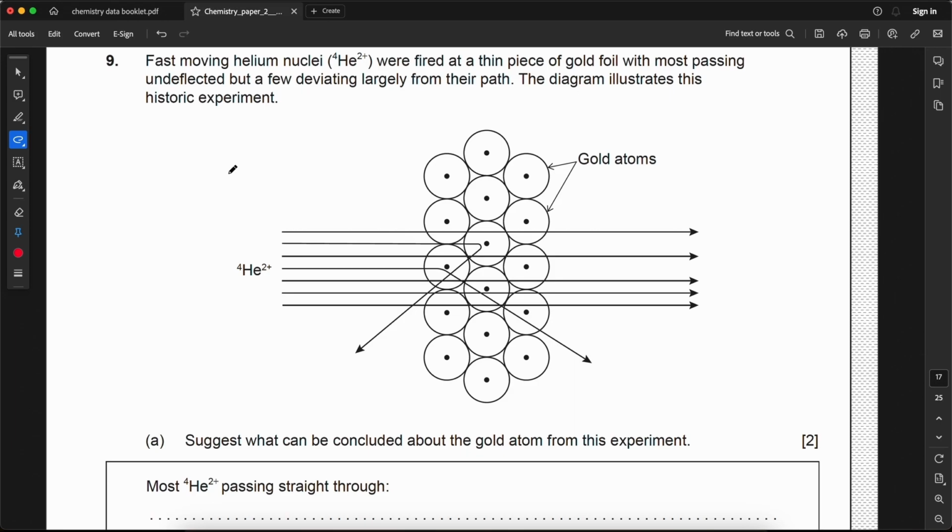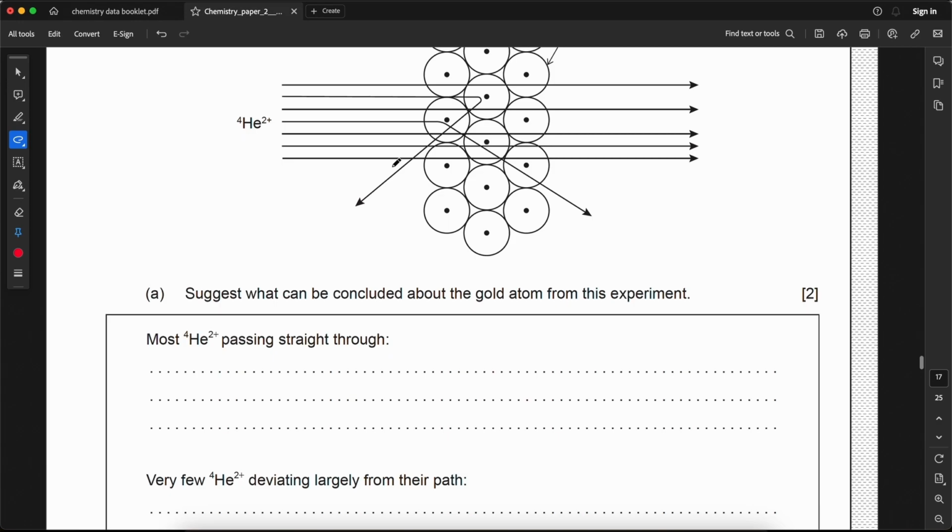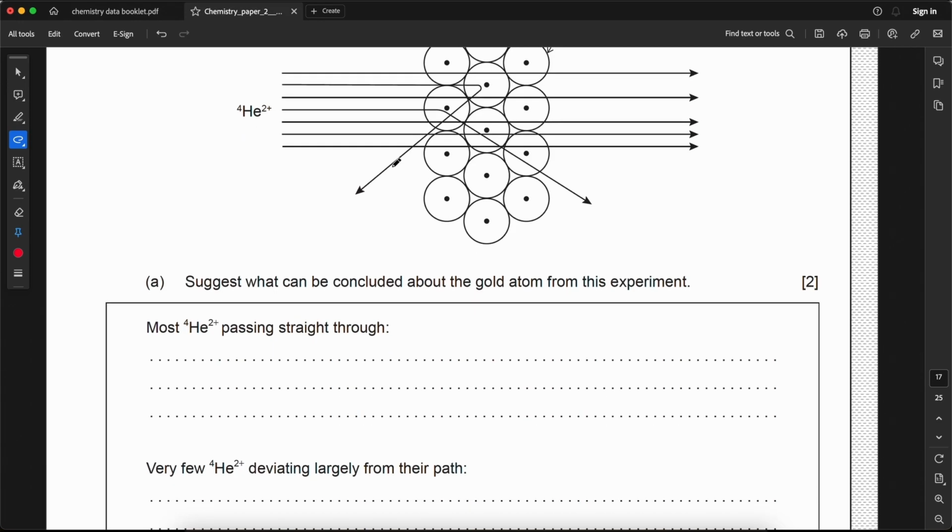Okay, fast-moving helium nuclei, He 4 2+, were fired at a thin piece of gold foil, with most passing undeflected, but a few deviating largely from their path. The diagram illustrates this historic experiment. So, suggest what can be concluded about the gold atom from this experiment.